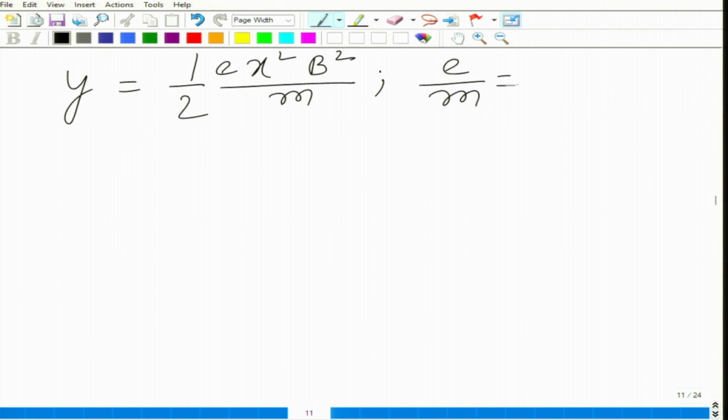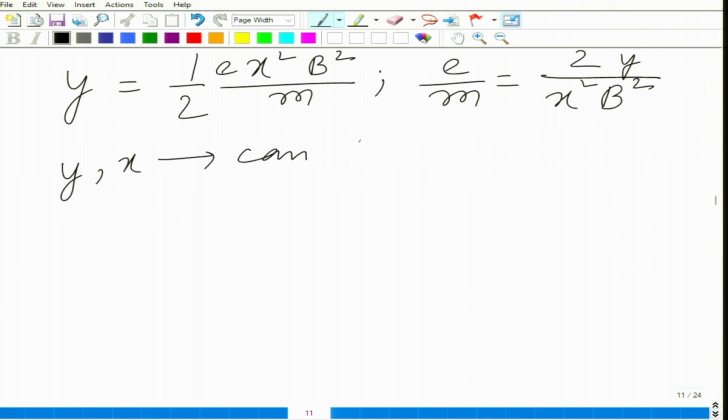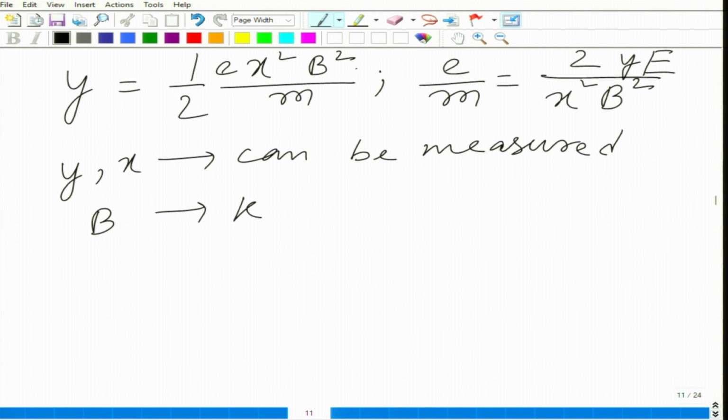What is e by m now? e by m equals 2y by x square B square. So the values of x and y can be measured in the experimental setup. The values of E and B are known.